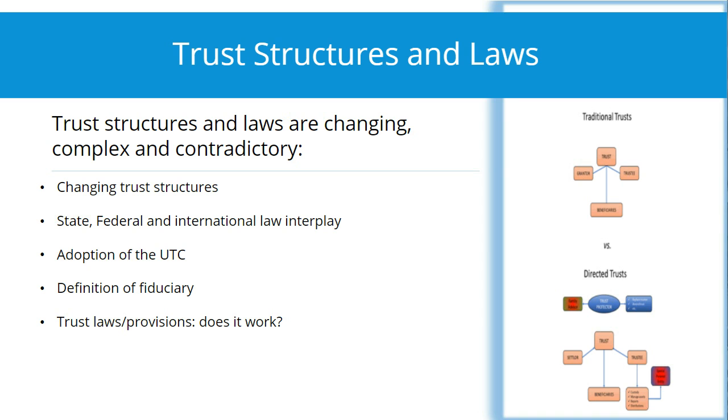In the directed trust environment, the trustee duties are bifurcated and the number of fiduciary and non-fiduciary positions available are growing. As of January 2020, 35 states have adopted the Uniform Trust Act, all with slightly different language, and at last look, 17 states have adopted domestic asset protection laws as well.